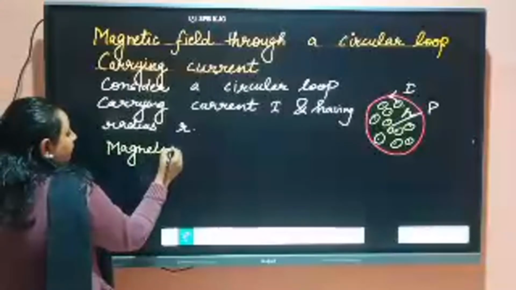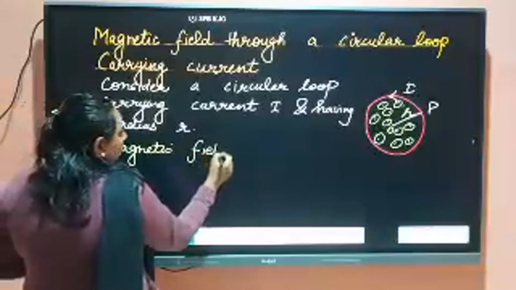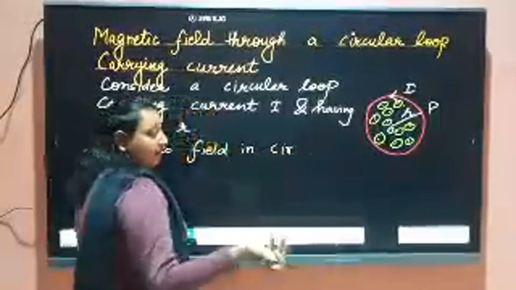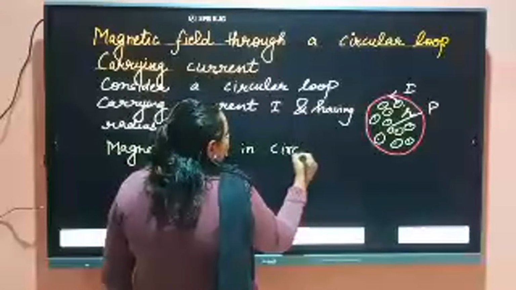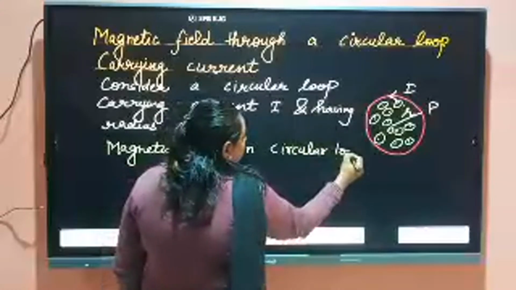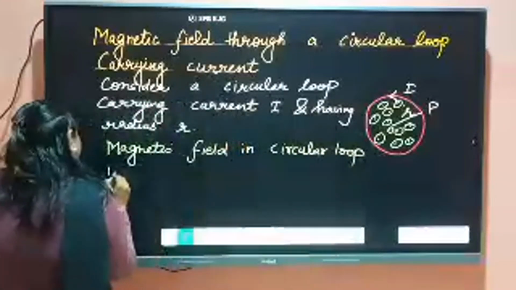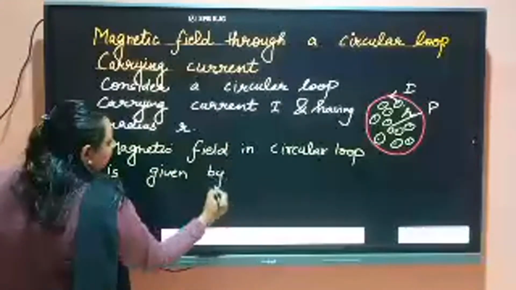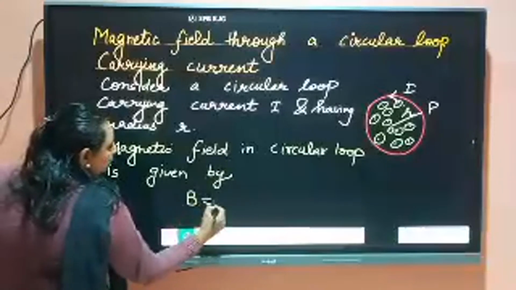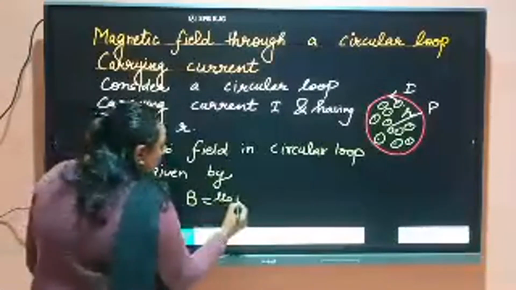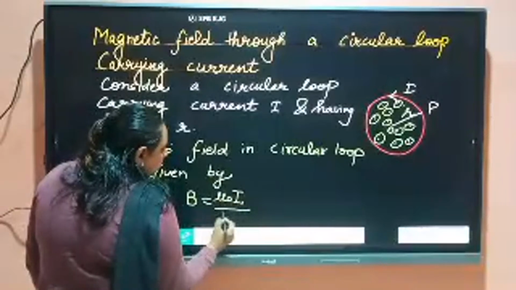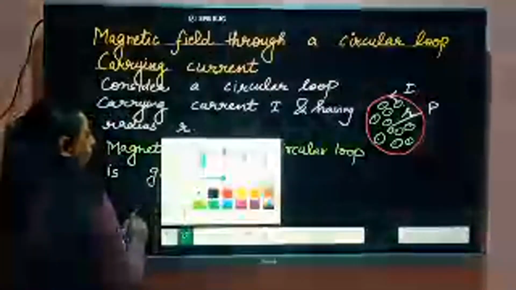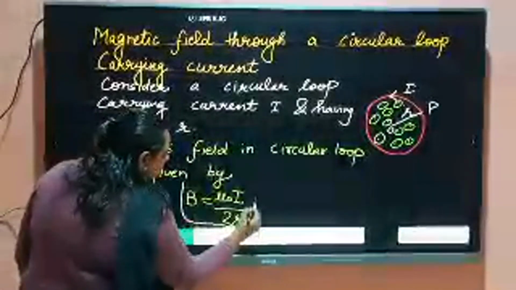So how can we represent that? The magnetic field in circular loop carrying current or circular current carrying conductor is given by B equals mu naught I upon 2R, ठीक है? mu naught I upon 2R.